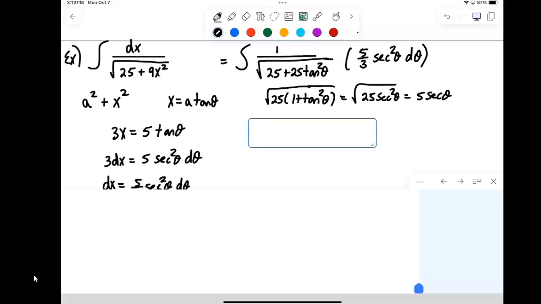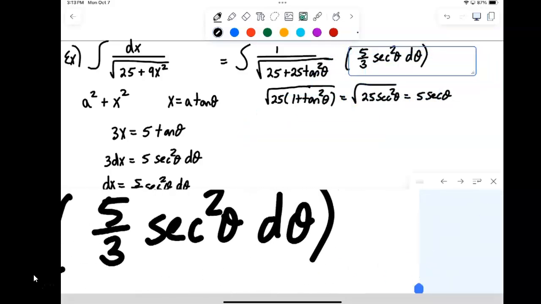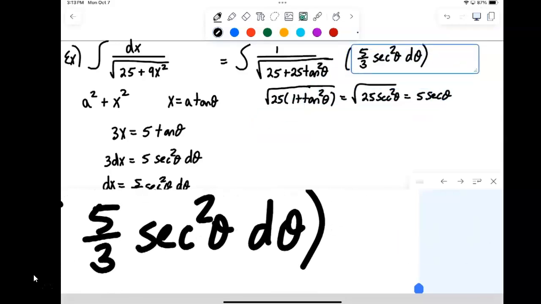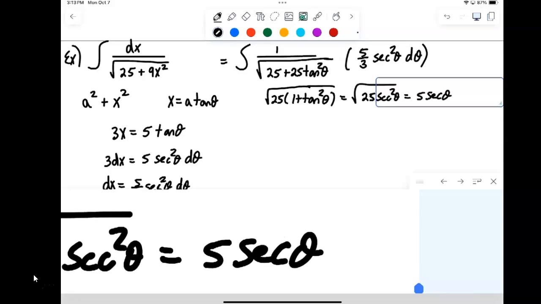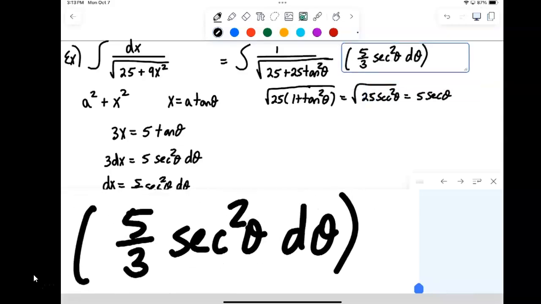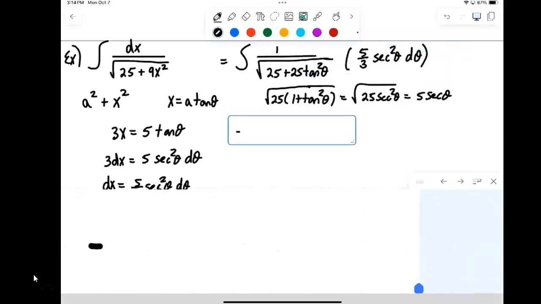Okay, so putting all that stuff together, first let me take the 1/3 out. I'm going to keep the 5 because I want that 5 to cancel with this 5. So I'm just going to leave it so it cancels. And then the 1/3 will be sitting out front.